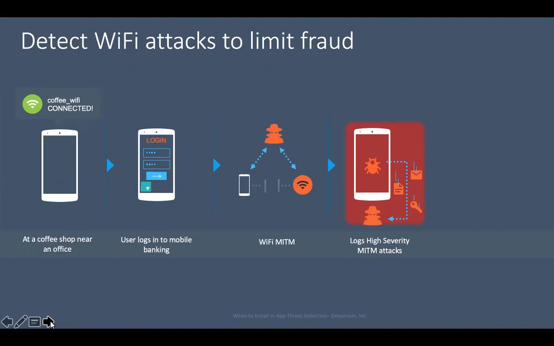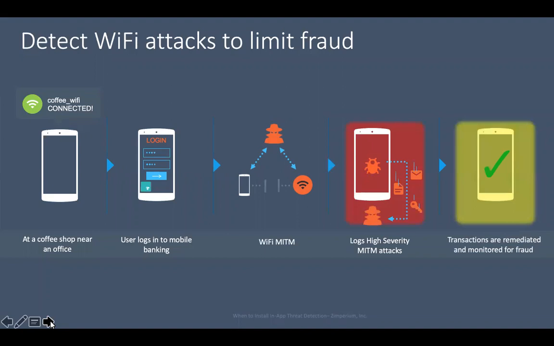And then the device actually says, hey, you are under attack. Someone is capturing your traffic while you're banking. And if so, then we can remediate. So if there's a man-in-the-middle attack picked up, I can remediate, or I don't do anything. I just monitor that user, that device, that account for fraud. So maybe I keep an eye on it, right?